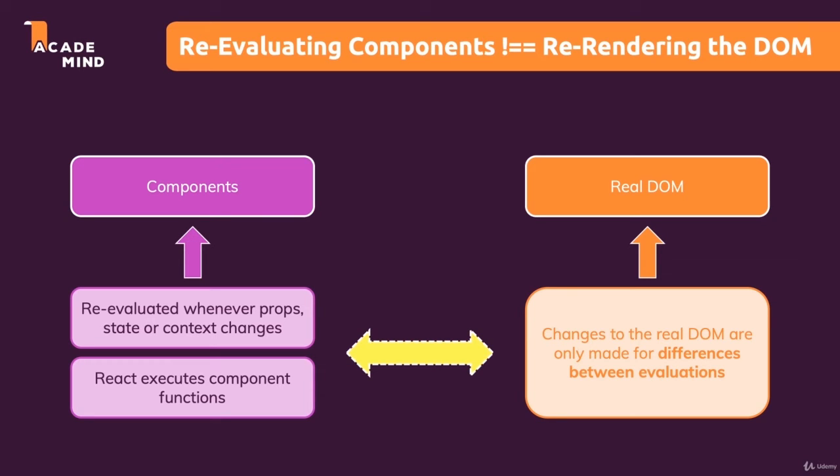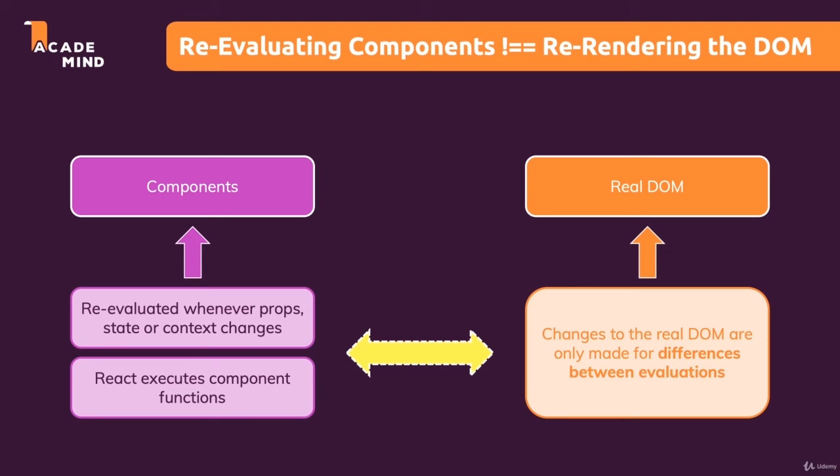And that's important for performance because making a virtual comparison between the previous state and the current state is fairly cheap and easy to do. That happens only in memory. Reaching out to the real DOM that's rendered in the browser is pretty expensive from a performance perspective because working with the real DOM just turns out to be a performance-intensive task.